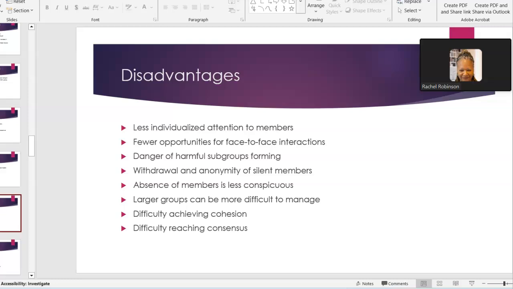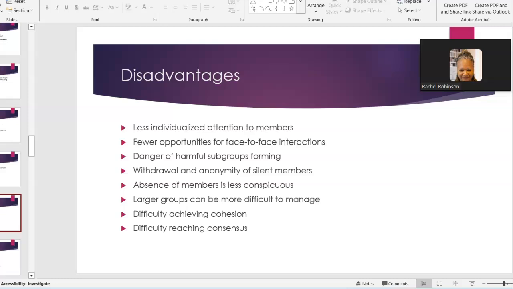The disadvantage is that you don't get as much one on one. There aren't as many opportunities for face to face interactions. We talked about subgroups before and the fact that subgroups can be beneficial. In fairly large groups, they can also be harmful. They can distract or detract from the purpose of the group. There could be those silent members that feel devalued or not heard, or other things.